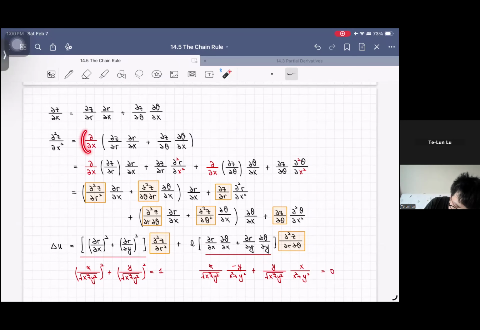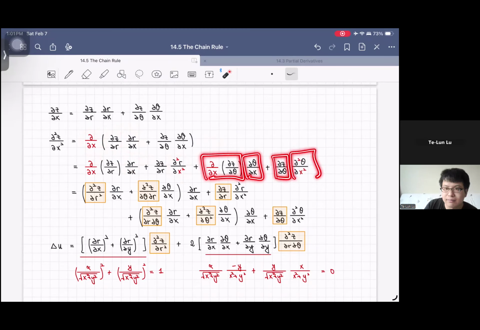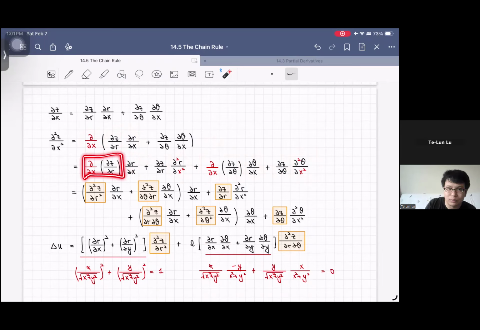If I'm differentiating this guy, then this is a product, right? So we use the product rule. We differentiate the first term and multiply by the latter term, then differentiate the latter term and multiply by the first term. The same thing happens for theta. So you have this differentiation, nothing happens, this differentiation. Okay, and then we have to apply the chain rule once again, because z is regarded as a function of r and theta.